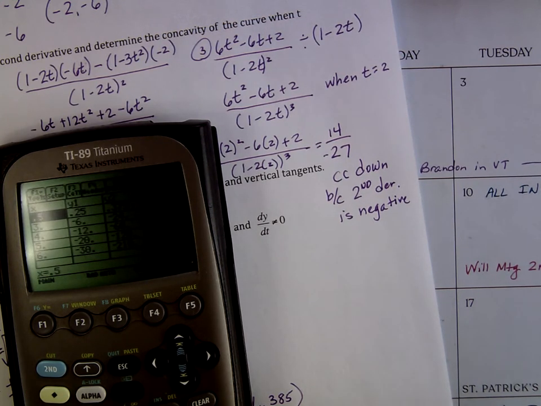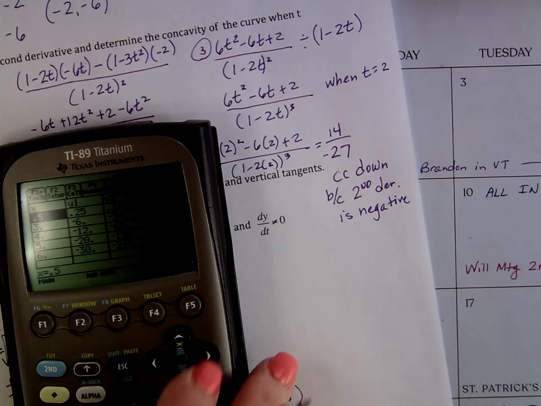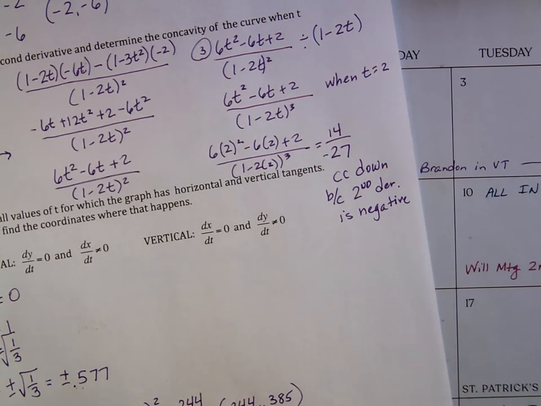That was the easiest way I could find them. So when I use the table, my x came out to be negative 0.244 and my y came out to be negative 0.385. So there are two points where I've got a horizontal tangent line, at those two coordinates.